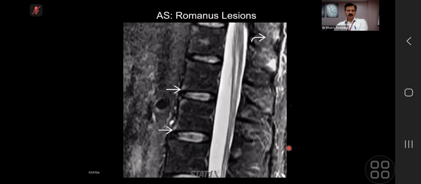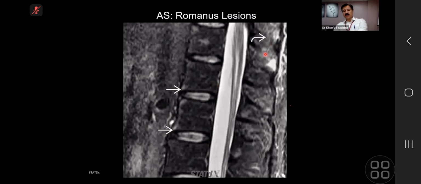edema, anterior. One point for the exam is extremely important. Please remember the distribution. Other than the vertebral bodies, Romanus lesions can be anterosuperior, anteroinferior, and also posterosuperior or inferior. But please remember the posterior elements.